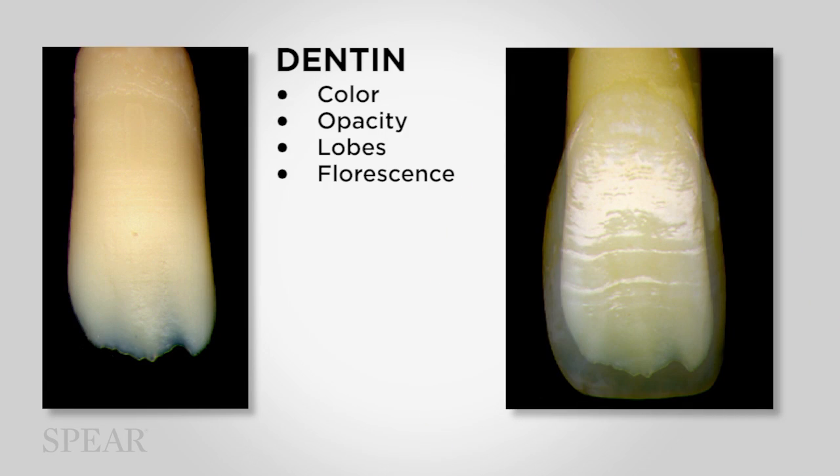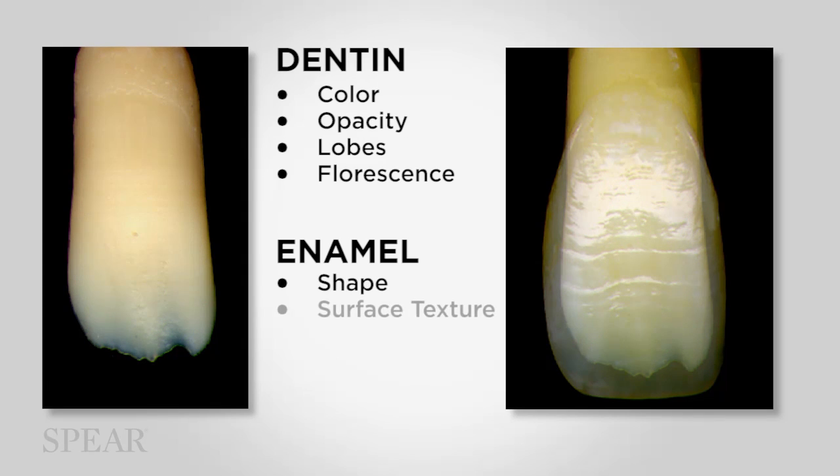What about enamel? Well, enamel we know covers the dentin. Enamel gives us the general shape of the tooth, gives the texture, and modifies the dentin color. So again, the color comes from the dentin, but the light goes through the enamel, picking up that color and taking it through the enamel, and it modifies the color. And we'll see that later on when we talk about shade selection and custom-made shades.